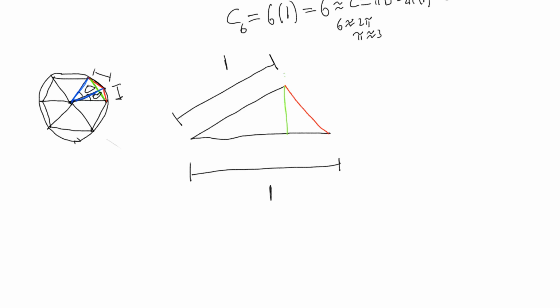Now, we know the length of the green edge here. We know this length from the hexagon. That length was 1. So since I split it in half, this length is going to be half of 1. So the length of this green side here is 1/2.